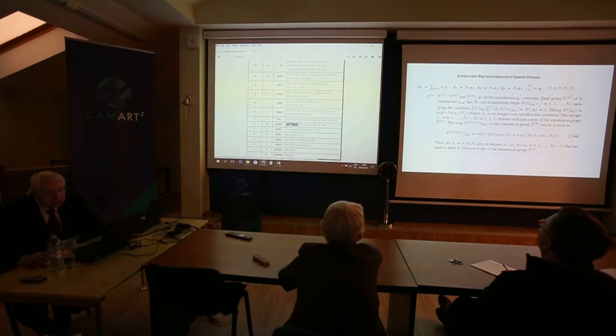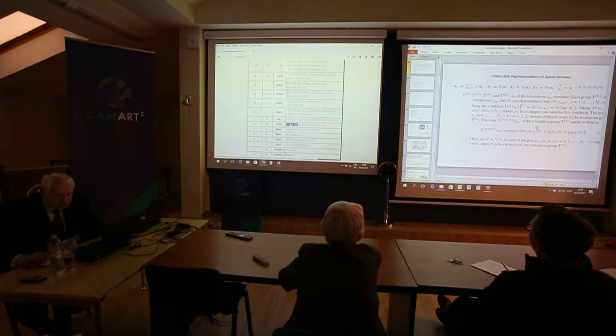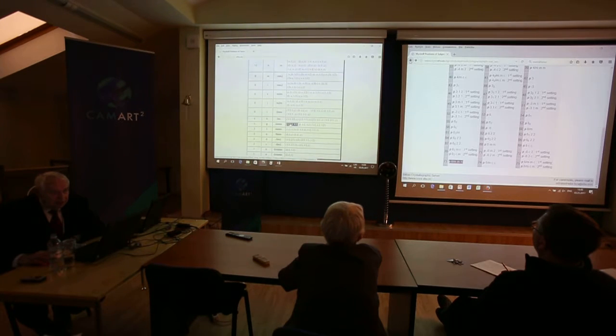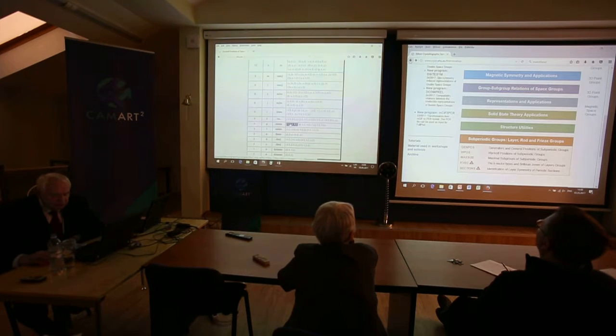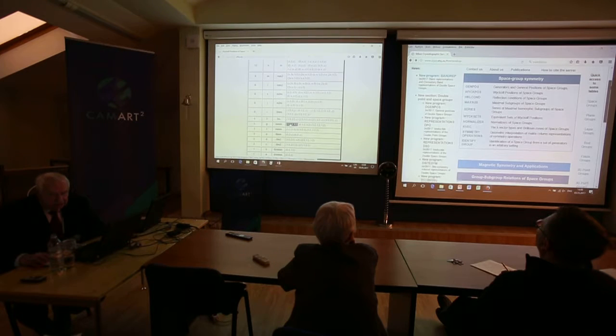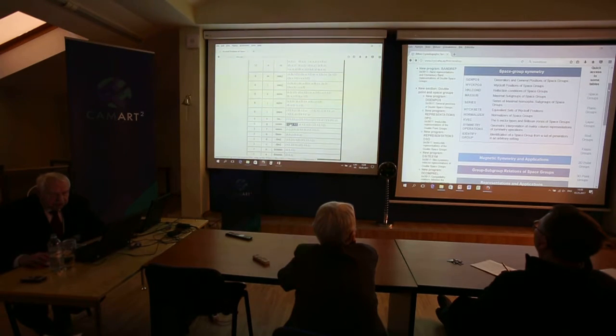I would like to finish with the picture of irreducible representations of our favorite point group, C4v, which I used for iodine. Just a moment, I'll find it. This site gives also the irreducible representations of point groups.